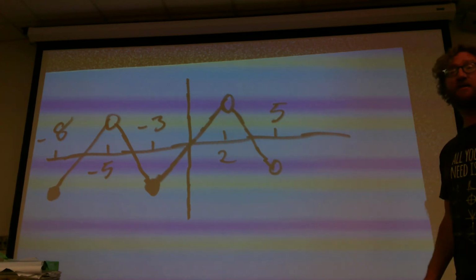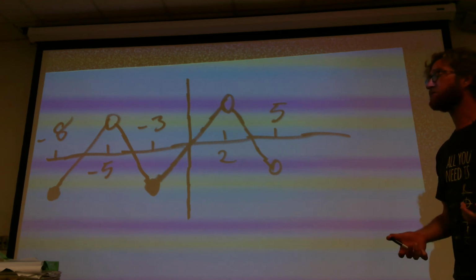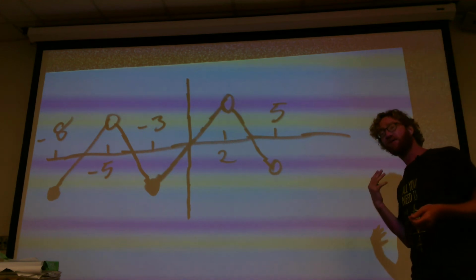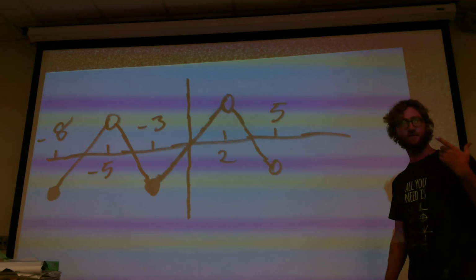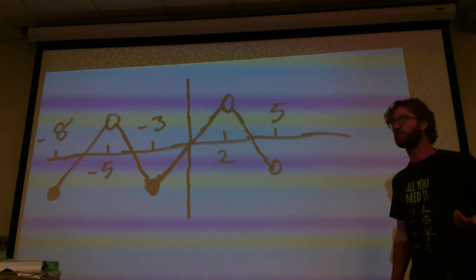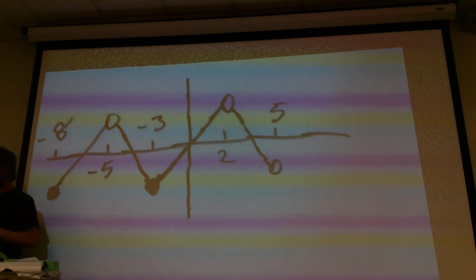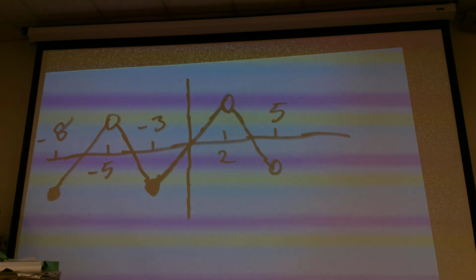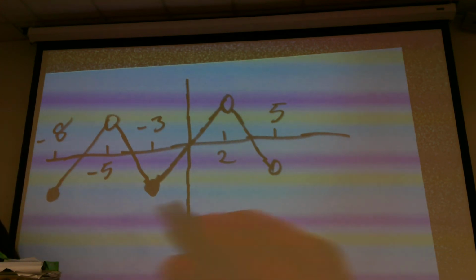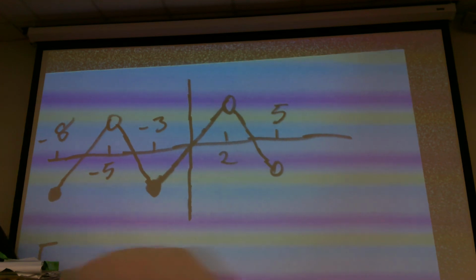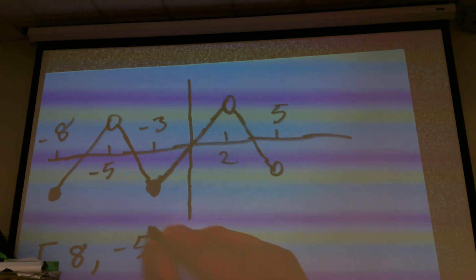Okay, and we do have the concept of being continuous from the left or continuous from the right. Now, when you're talking about intervals of continuity, you're going to have brackets inside of the problem. So this point right here is going to get a bracket. So it is continuous from the right. So this would be -8, then we go to -5.